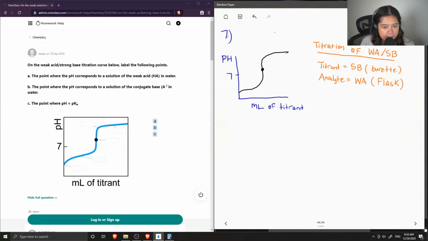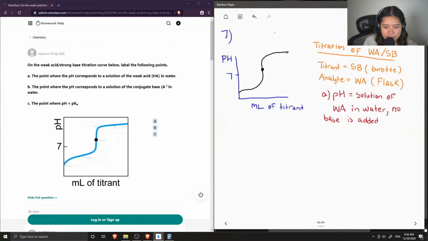Okay, so option A, the point where pH corresponds to a solution of the weak acid in water. So this tells us that no base is added yet.